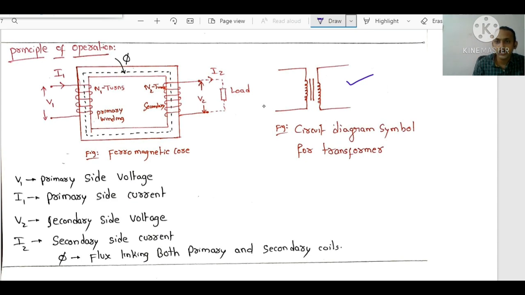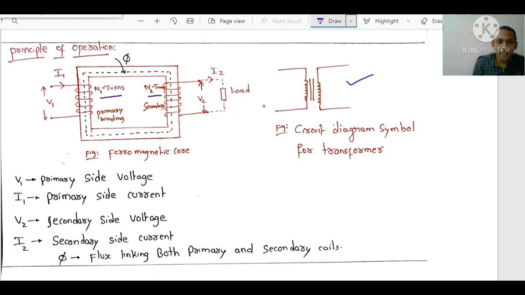In between them, you draw two parallel lines. If you observe, it has a primary side winding and a secondary side winding, which is nothing but a wire wound in the form of a coil. The primary side winding has N1 turns, and the secondary side winding has N2 turns.